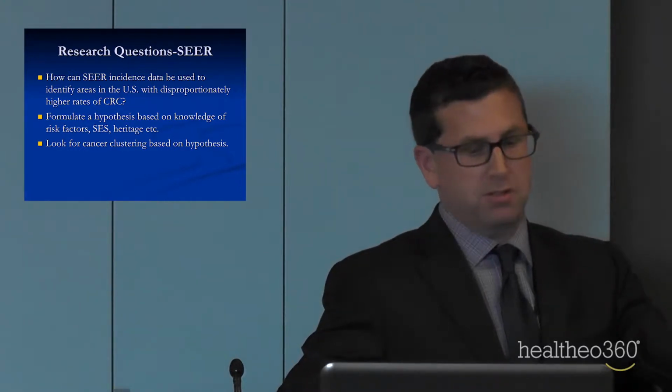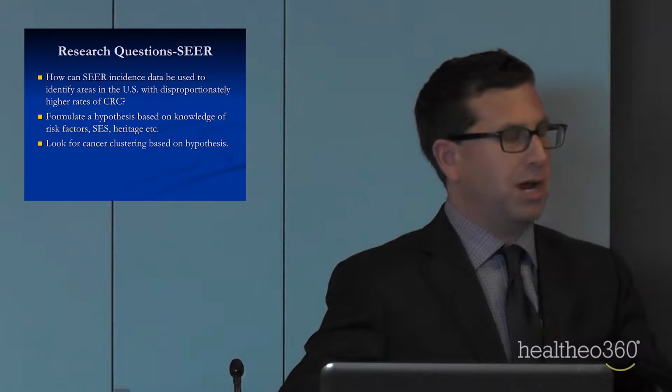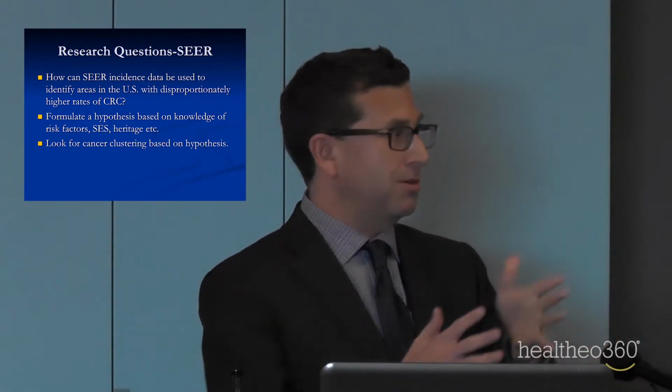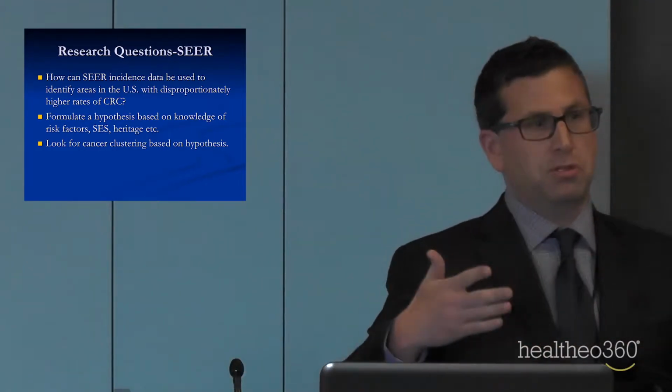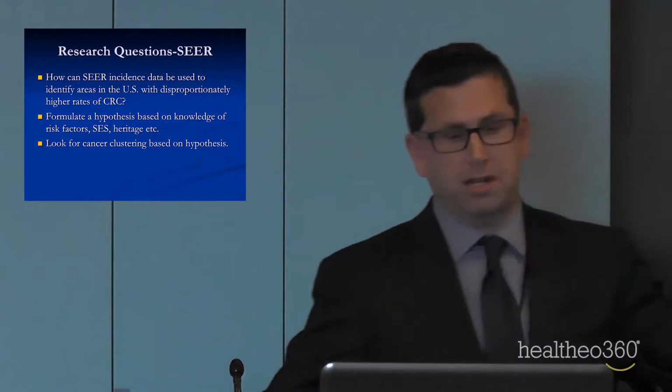And then you could look for cancer clustering based on hypothesis. So just theoretically, if you're saying that there are more obese patients in the Pacific Northwest, I'm completely making this up, then you could use the SEER incidence data and see if there are higher rates of colorectal cancer in that area. That doesn't prove that there's an association, but it could be a leadway to further study.